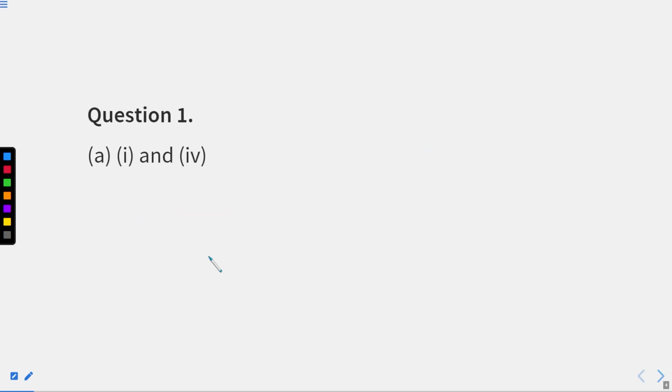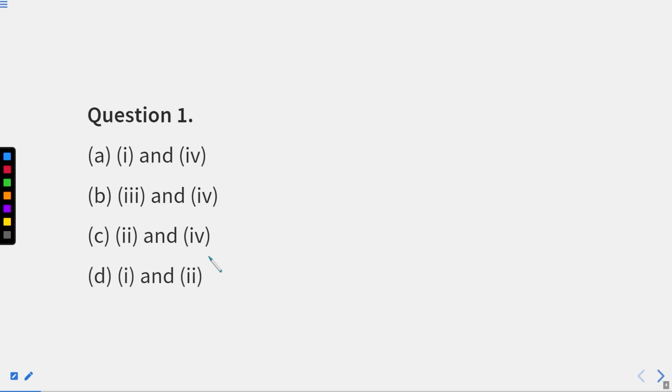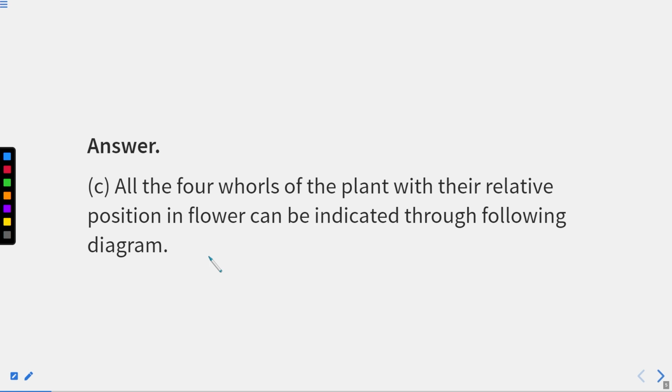Now these are the options you have to select from: A is 1 and 4, B is 3 and 4, C is 2 and 4, and D is 1 and 2. What is the correct answer here? Option C is the correct answer.